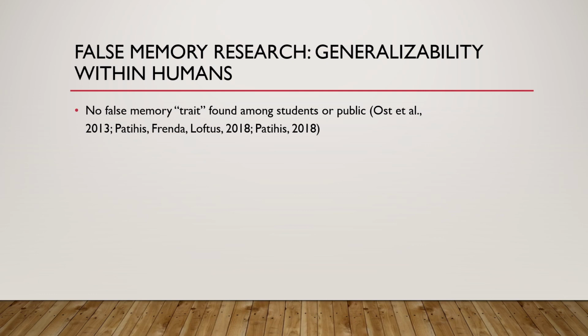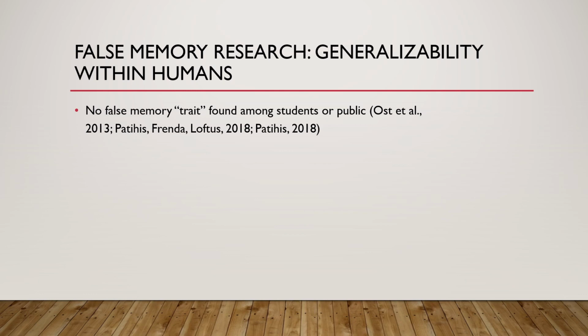It may be different if you test individuals with schizophrenia, for example, of course. And another part of this is within these fairly psychologically normal samples, none of their individual differences, such as personality traits, seems to predict the susceptibility to false memories very strongly.